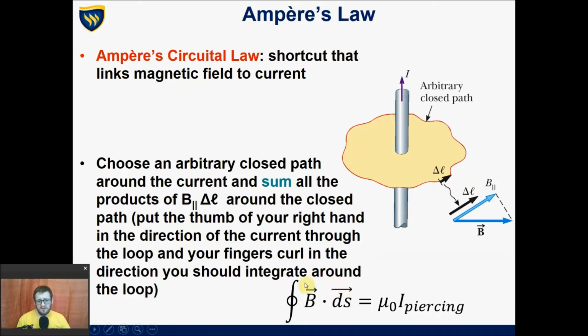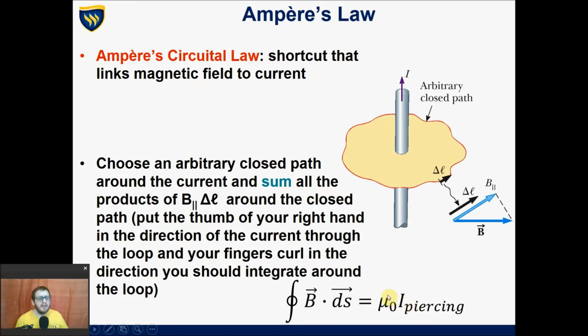And Ampere's law says that this path integral of the magnetic field over some closed path is equal to a constant, mu naught again, times the current. And here the current is that which is piercing the surface mapped out by the path. If we take this closed path all the way around and come back, we've got this disc-like surface, and however much current is piercing that surface goes here.